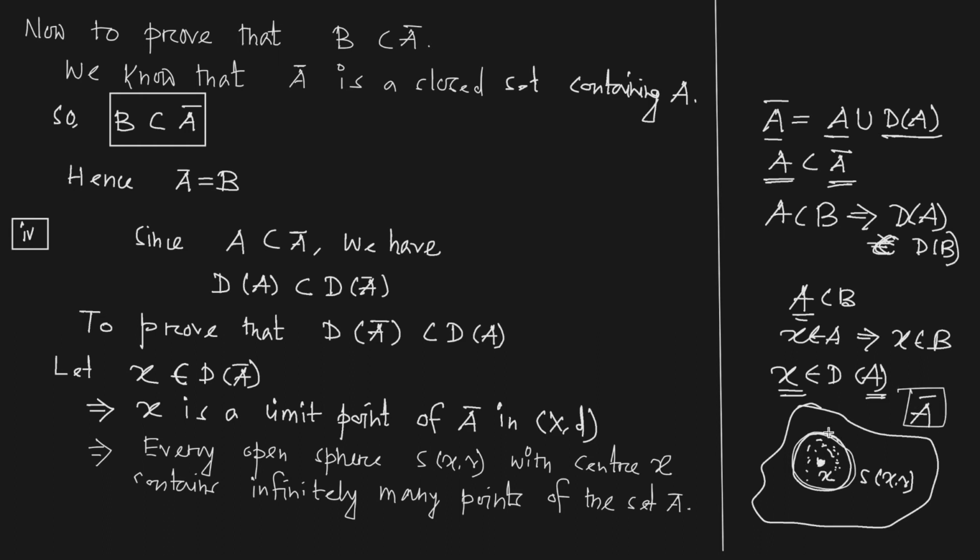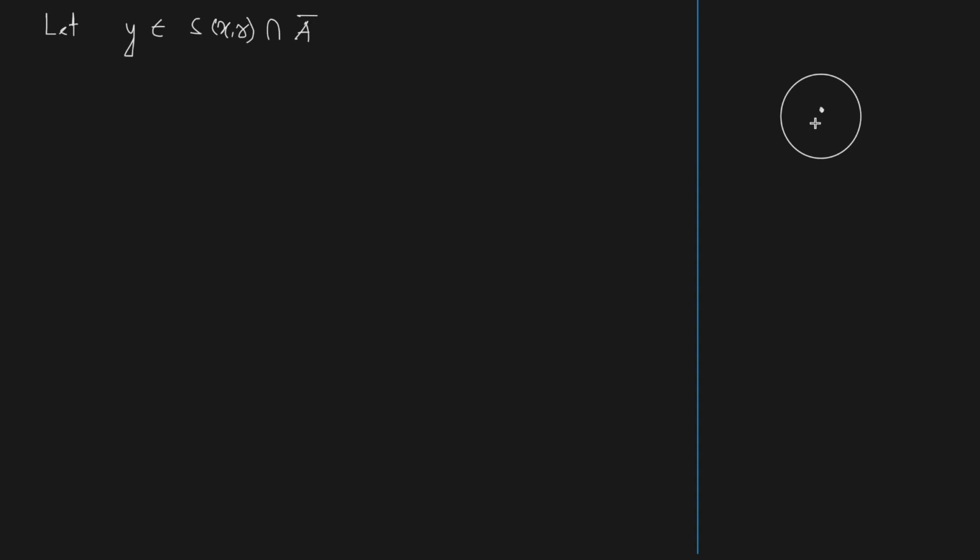A বারের লিমিট পয়েন্ট, তাহলে x পয়েন্টকে কন্টেইন করে যে ওপেন স্ফিয়ারটা থাকবে সেই ওপেন স্ফিয়ারের মধ্যে A বার সেটের অসংখ্য পয়েন্ট থাকবে। ঠিক, so let y belongs to S of x, r intersection A bar. কেন? কারণ সাপোজ x পয়েন্টকে কন্টেইন করে যে ওপেন স্ফিয়ারটা আছে সেই ওপেন স্ফিয়ারটার মধ্যে A বার সেটের অসংখ্য পয়েন্ট আছে, infinitely many points. Why? Because x is a limit point of A bar.